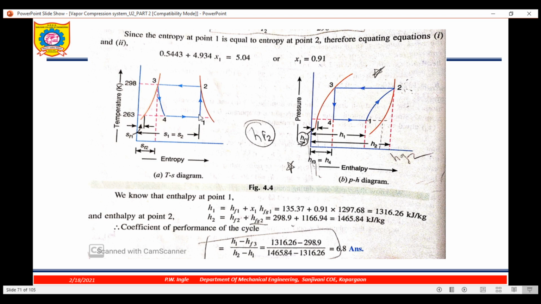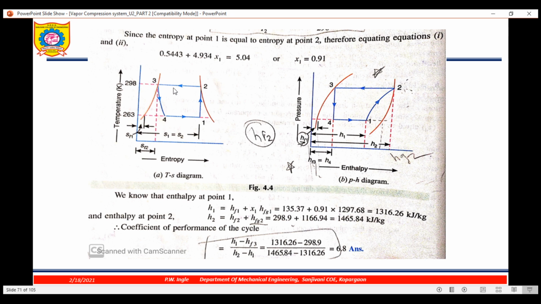Okay. Then next is compression. Compression on TS diagram can be shown vertically because it is an isentropic process. An isentropic process on pH chart is shown like this curve. Now 2 to 3 is a condensation process, which is nothing but latent cooling, which occurs in a condenser at constant temperature and constant pressure.